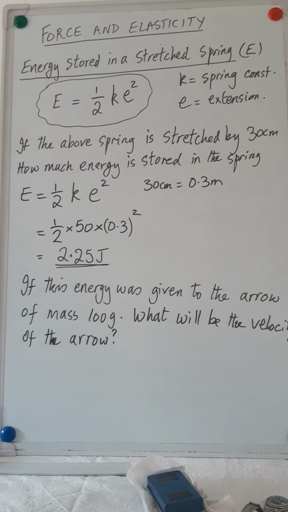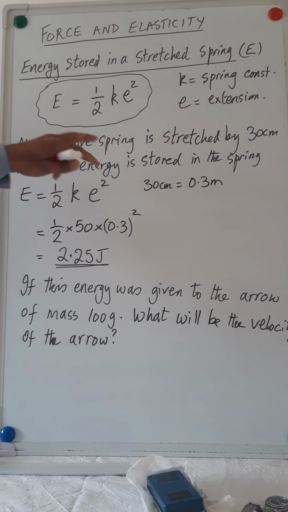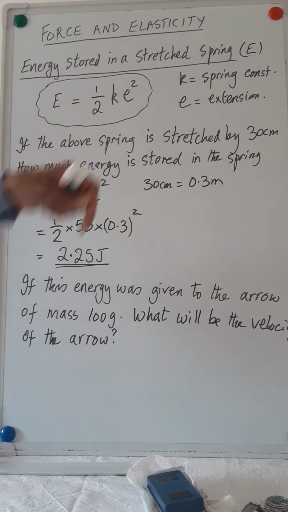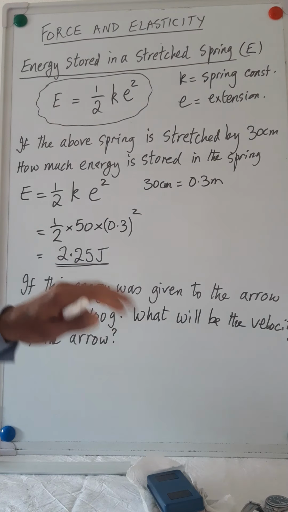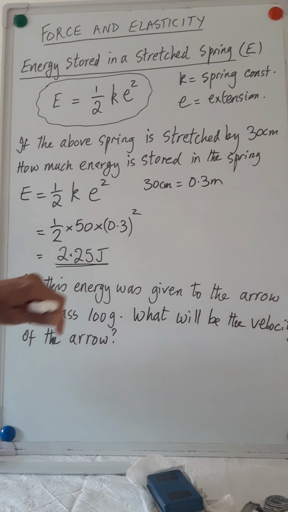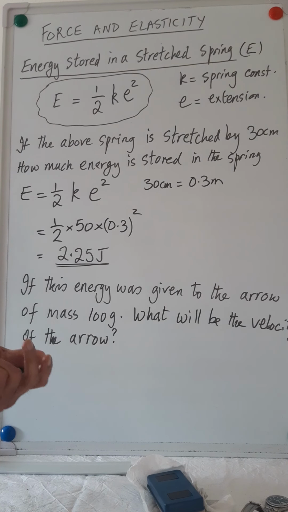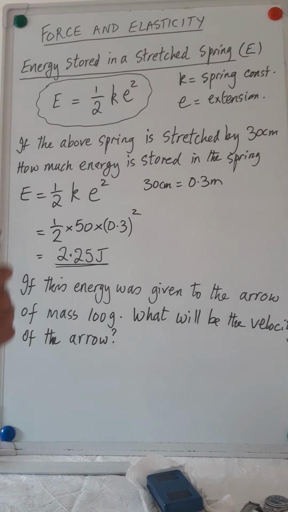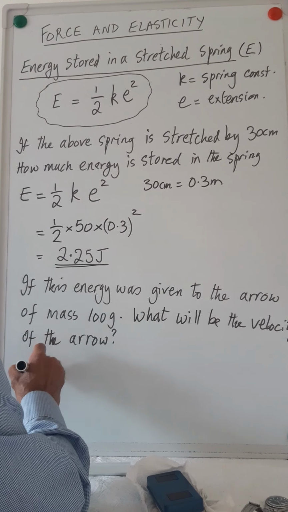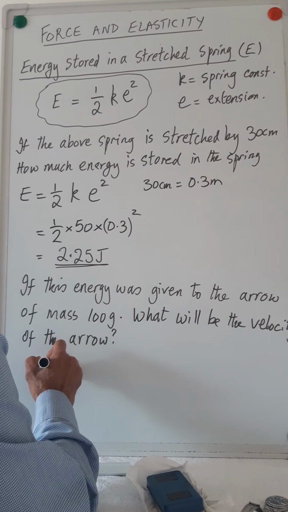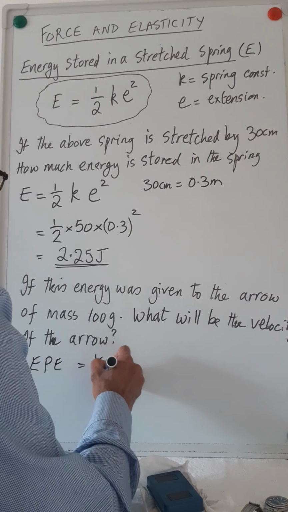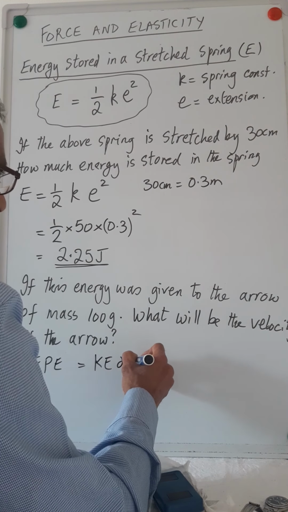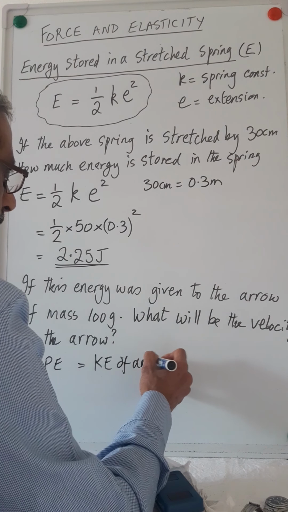So remember, if this was the elastic band of the arrow, when you stretch it, you store that much energy, and all that energy is converted into kinetic energy of the arrow. So we say that the elastic potential energy is equal to the kinetic energy of the arrow.